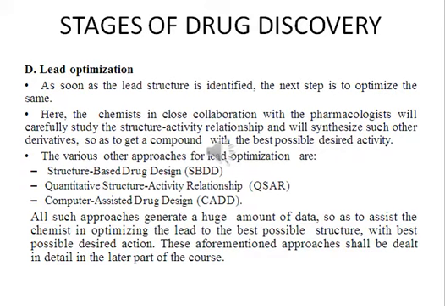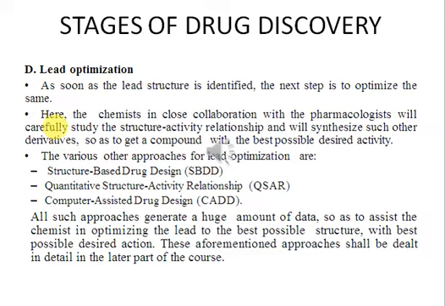Here, chemists in close collaboration with pharmacologists will carry out the structure activity relationship, and after that, the lead compound will be subjected to synthesis of its derivatives. We will synthesize a large number of derivatives of this lead structure, and all of these derivatives will be screened for biological activity until we get a compound with the best possible desired activity, right?